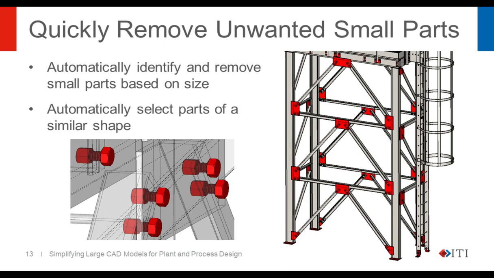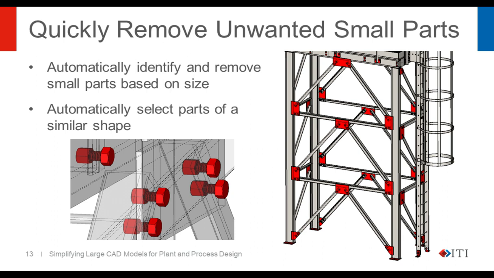So what we can do is automatically identify these based on a bounding box size, and if they fall within that size, you just delete them from the model. Another way you can do it is to select a part and then ask CADfix to go away and find things that are a similar shape and size within a user-defined threshold or percentage. So we can quickly identify the small parts by size or by shape and similarity to another part.